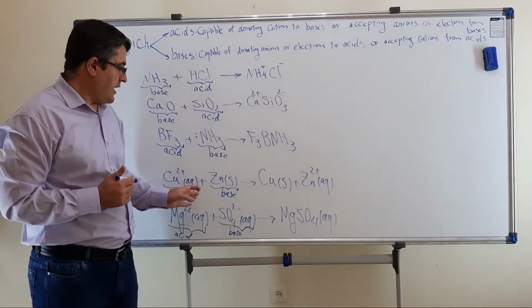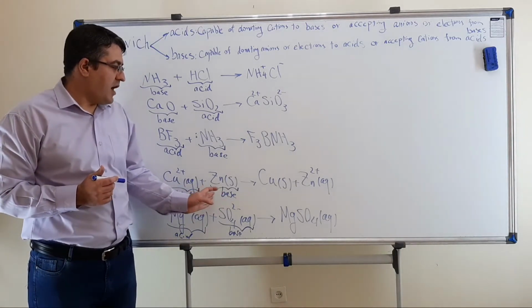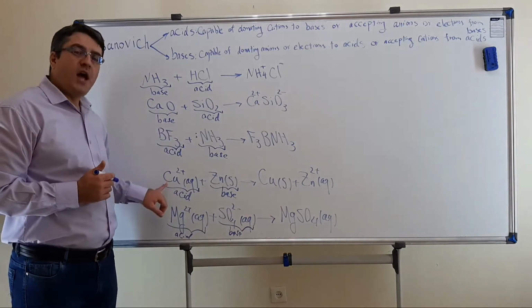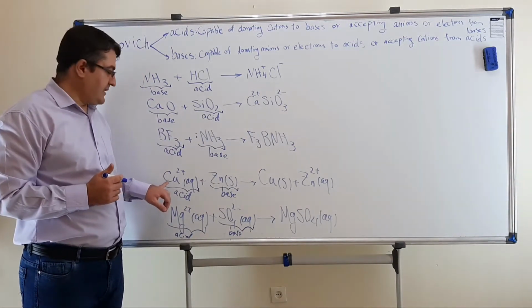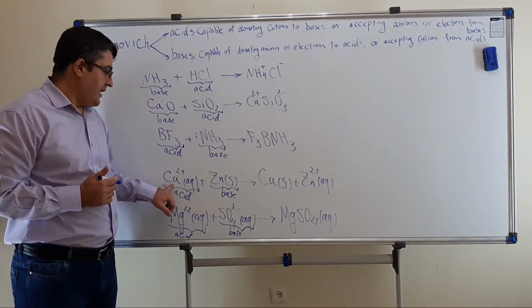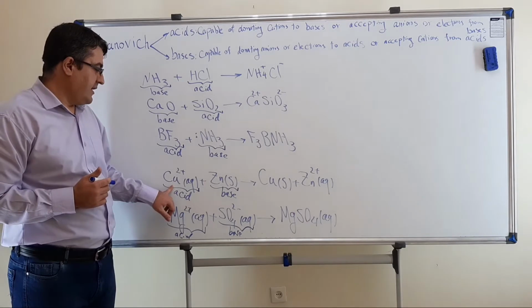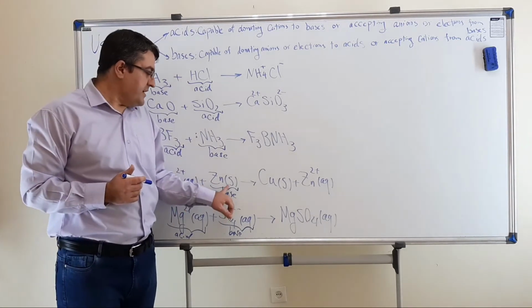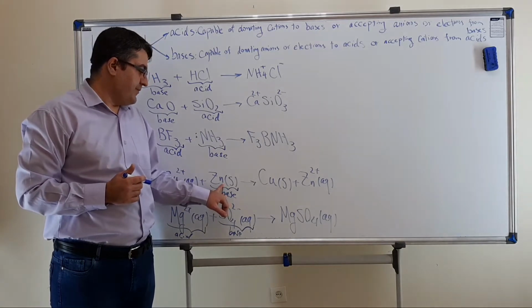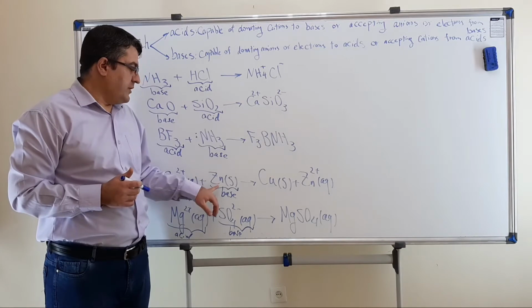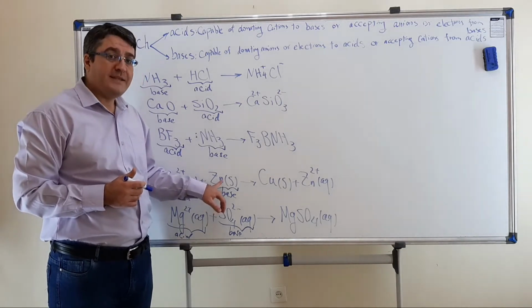Besides, it includes the oxidation-reduction reactions. Oxidizing agents or oxidants like Cu2 plus accepting electrons are Usanovich acids, while reducing agents or reducers acting as electron donors are Usanovich bases.